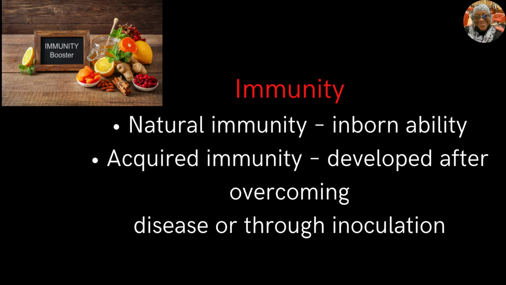Your body develops an immunity, and also through inoculation, like vaccinations. So this is how you get an immunity against certain things like COVID. Either your body builds up an immunity from it or you get inoculation, which is a vaccination.